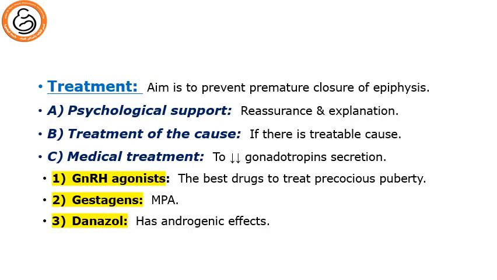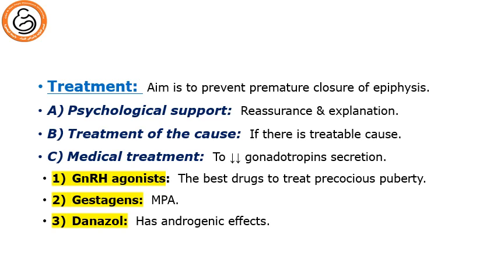For the treatment, our aim is to prevent premature closure of the epiphysis, which is related to the hormonal level. So we should apply psychological support for the girl and her family, reassurance and explanation of the facts, and try to explain the cause, and treatment of the cause if there is a treatable cause.